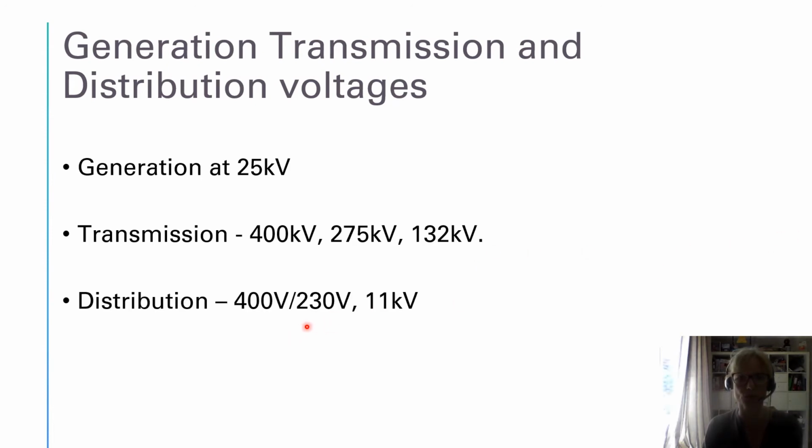And then your distribution voltages, obviously this one, the 400, 230, we're really familiar with. Just remember, 400 is your industrial application, that's your three-phase, and your 230 is your domestic. And big power users, factories, will use your 11 kilovolts.